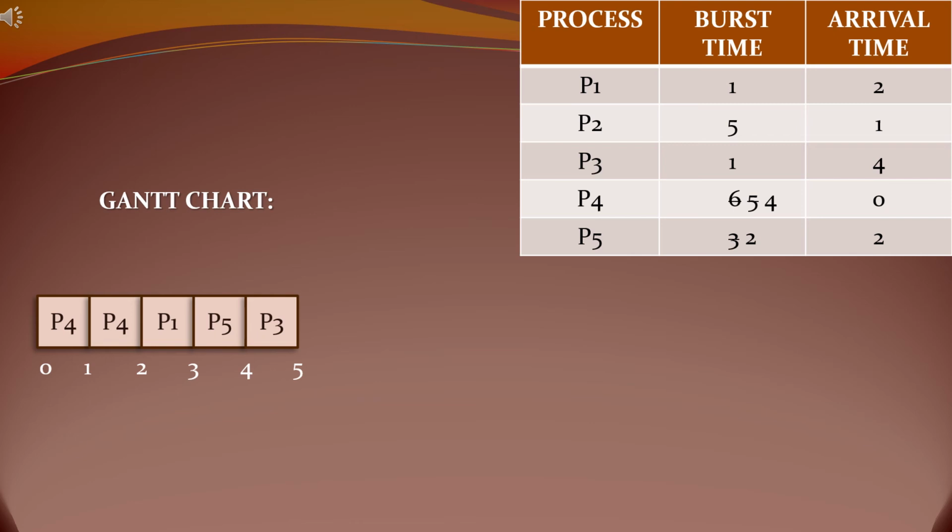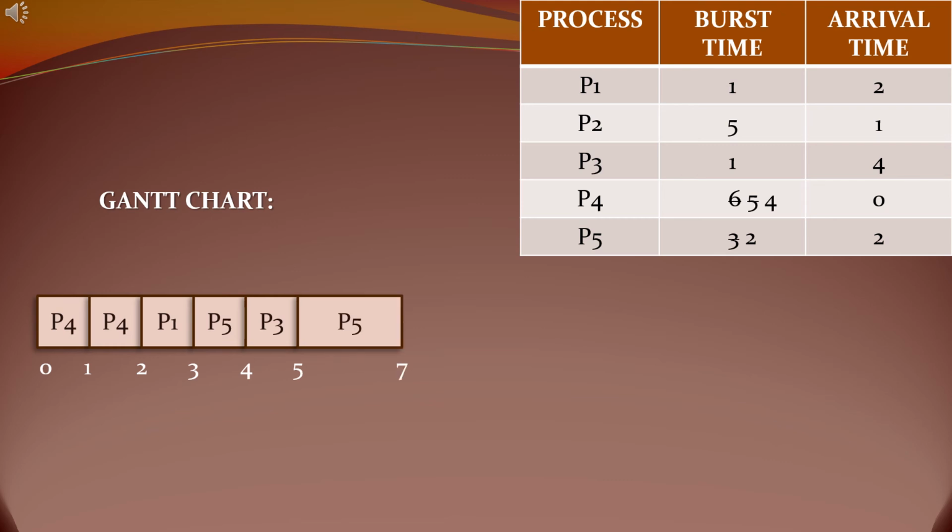So among P2, P4, P5 and P3, which one has the shortest burst time? Yes, it's P3. So P3 will be executed here and will complete its burst time, because it will be executed for 1 unit and the burst time of P3 is 1.